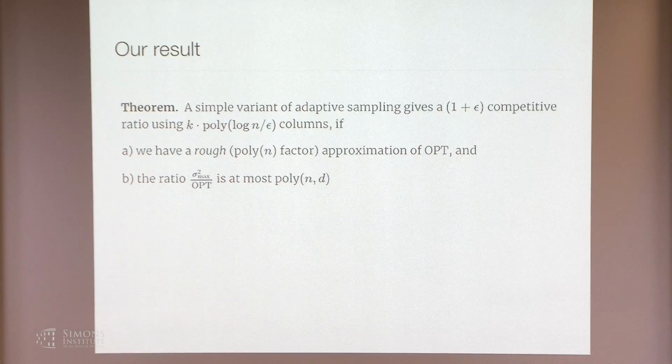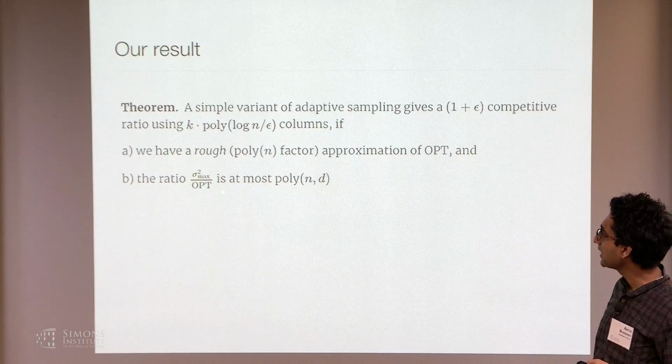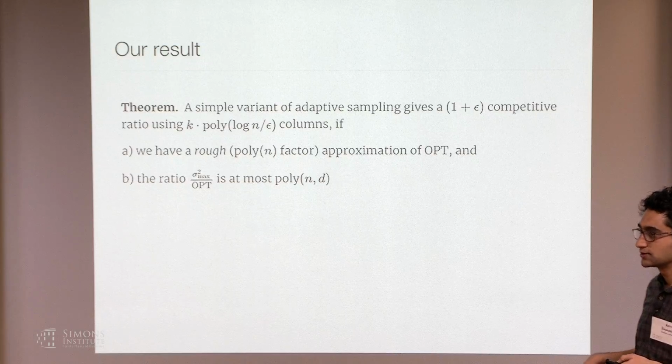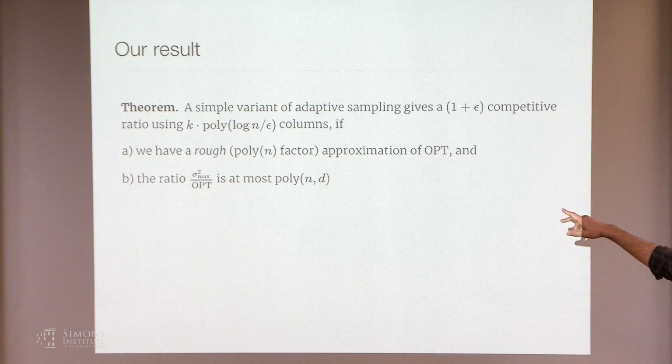The second condition is that the ratio of the largest singular value to this rank k error is at most polynomial. There is nothing very important about the polynomial; otherwise logs of those terms will show up in the bounds.